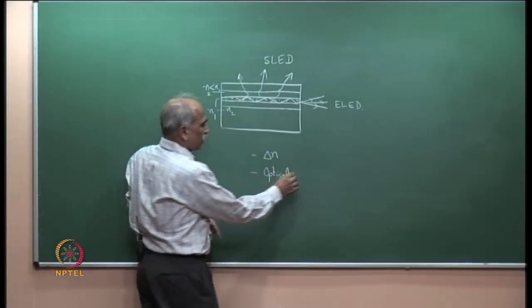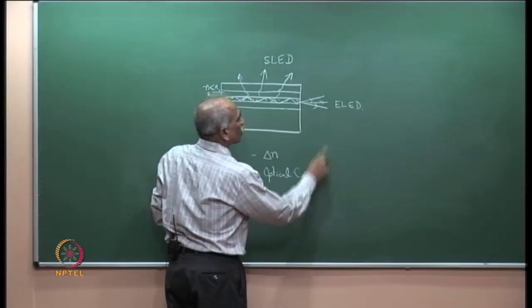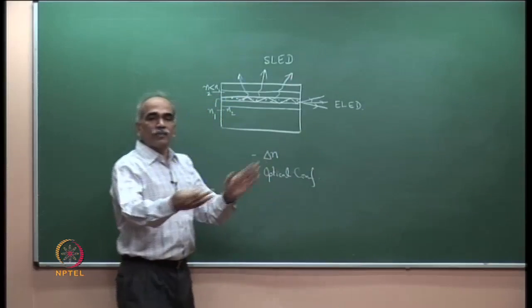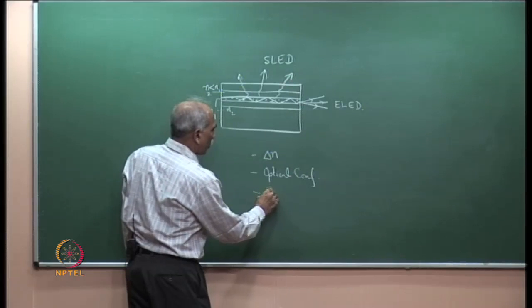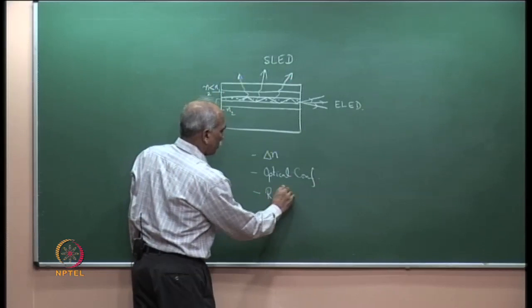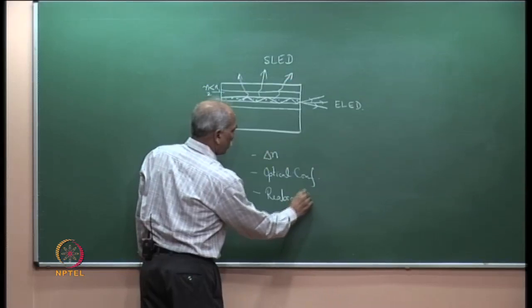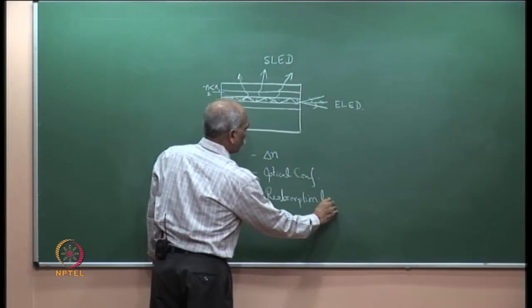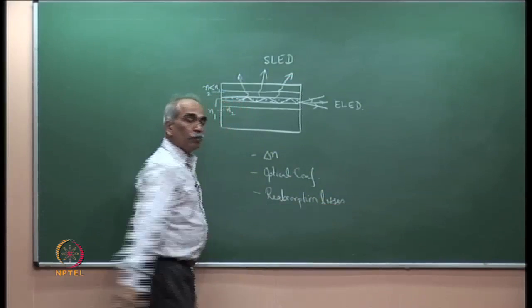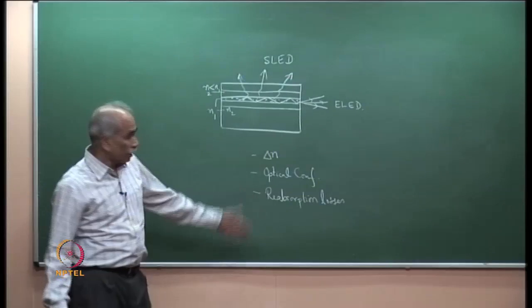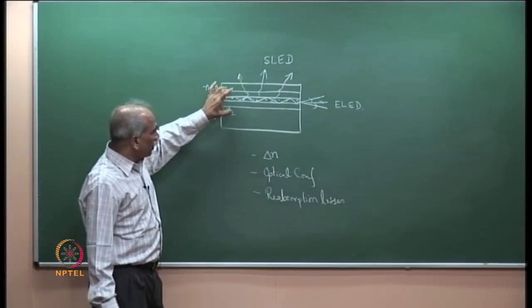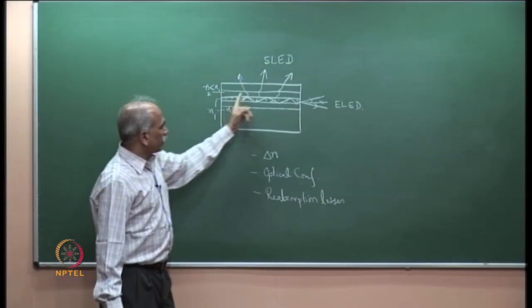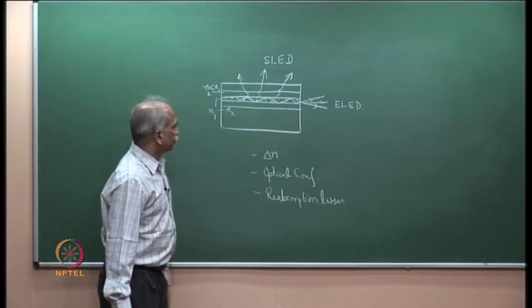So optical confinement is useful for edge emitting LEDs and, as we will see later, semiconductor lasers. The third point is reabsorption losses, to minimize reabsorption losses. So these two points are very important for both the LEDs, and therefore you have to use a heterostructure, but there is optical confinement.